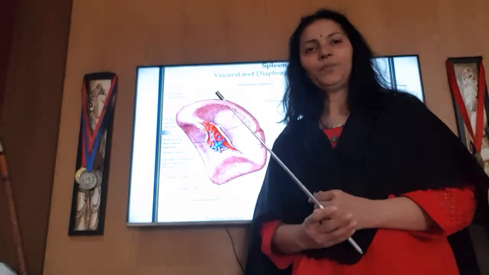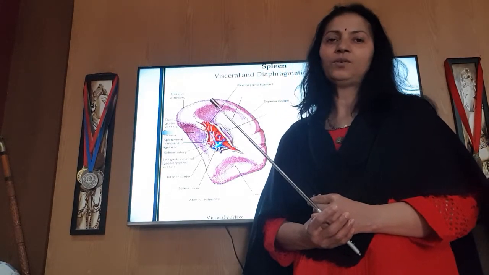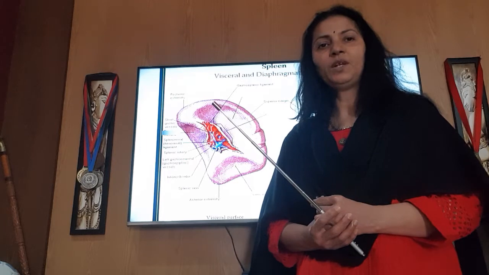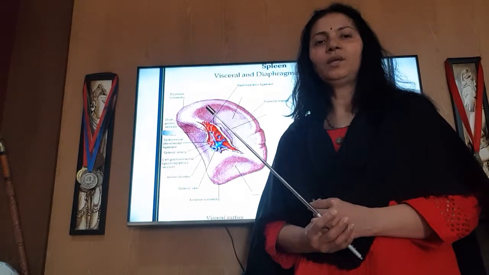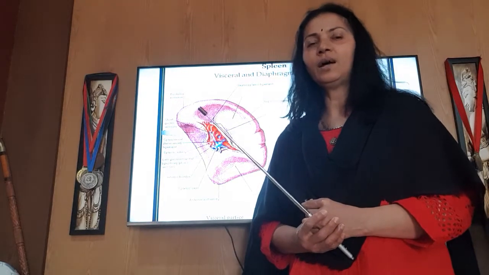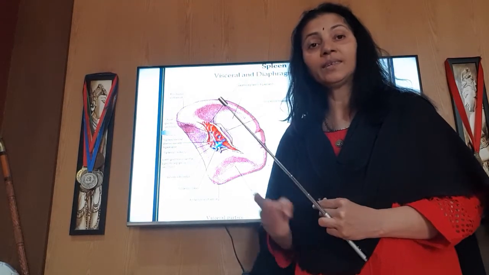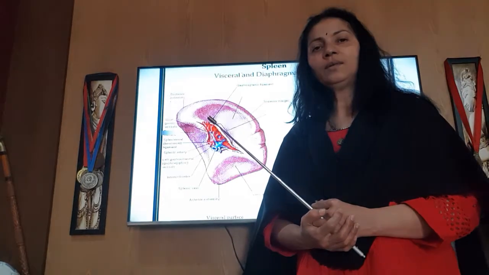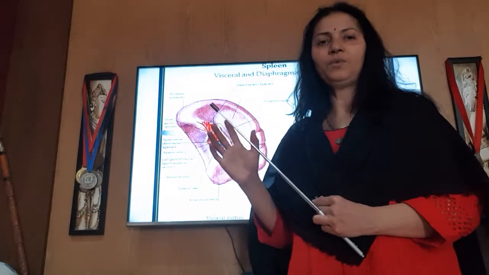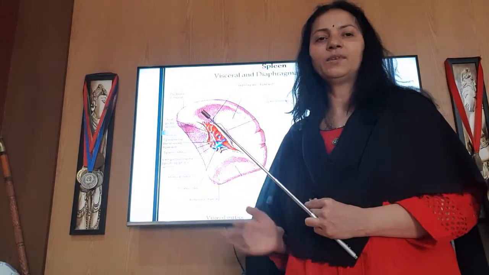Now, the applied anatomy. First of all is splenomegaly. In any condition, in any disease where there are a lot of malformed RBCs, except for sickle cell anemia, these malformed RBCs are going to be removed by the spleen.